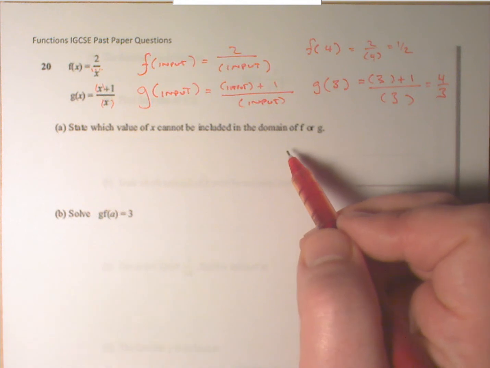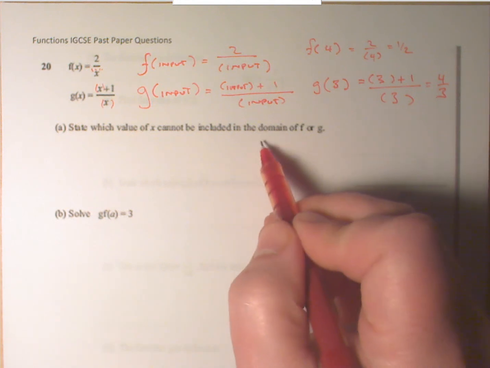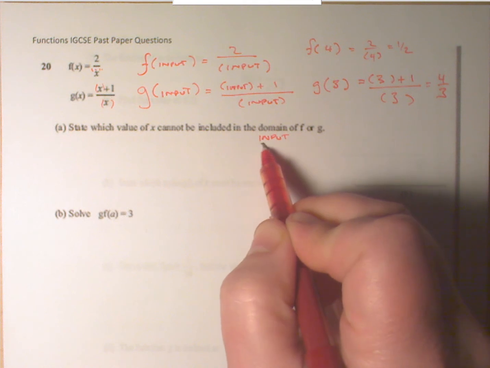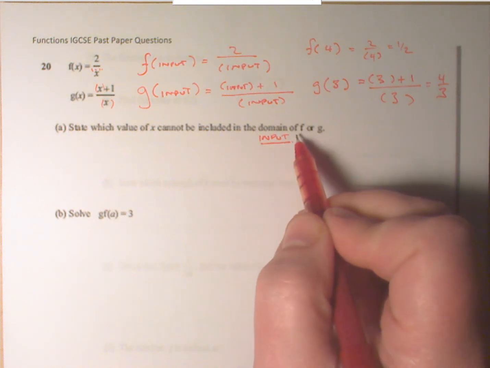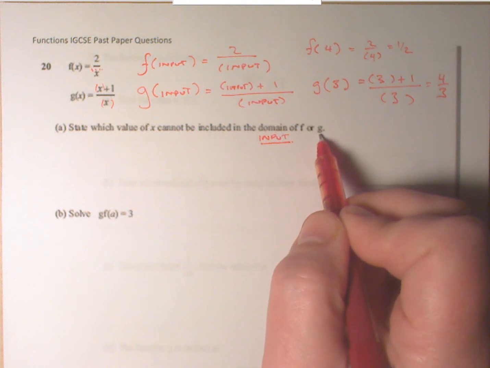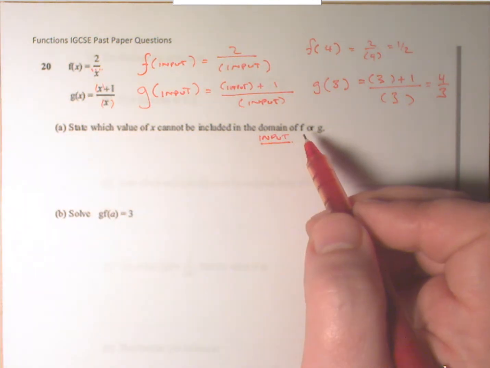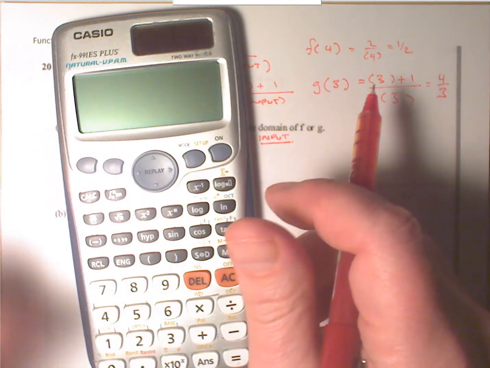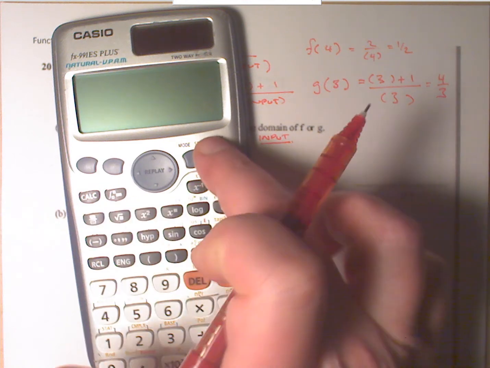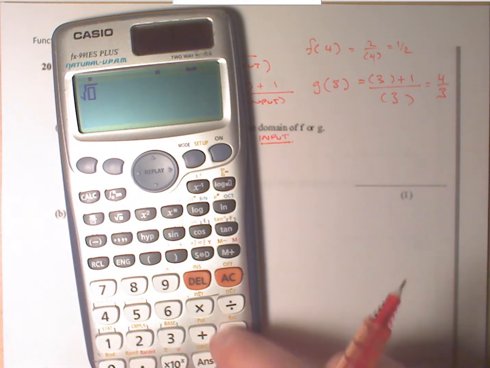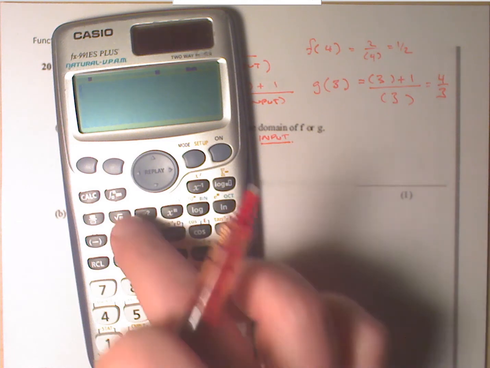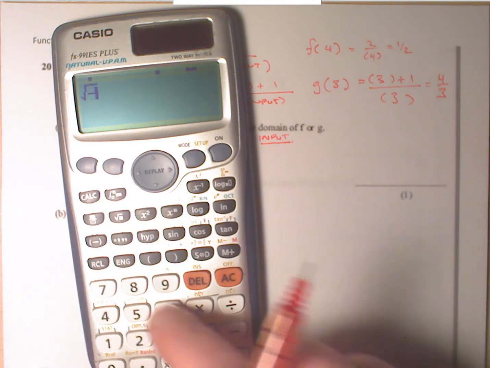Here where it says domain, and these are the input numbers, what input number am I not allowed to put in the domain of f or g? Well, on your calculator there are two things that will cause math error. There is square rooting a negative number, any kind of negative number you want to square root, it's not going to like it.